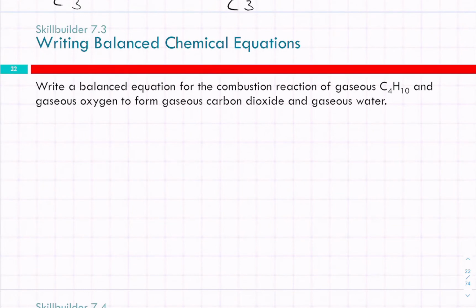All right, so write a balanced equation for the combustion reaction of gaseous C4H10, so butane, and gaseous oxygen to form gaseous carbon dioxide and gaseous water. So C4H10, oxygen, carbon dioxide, water. And gaseous just means it's a gas. So what are our reactants going to be?